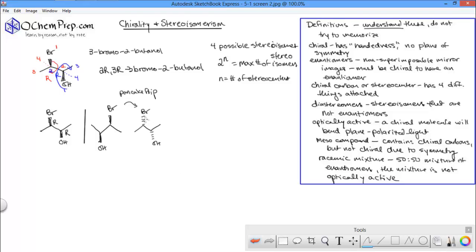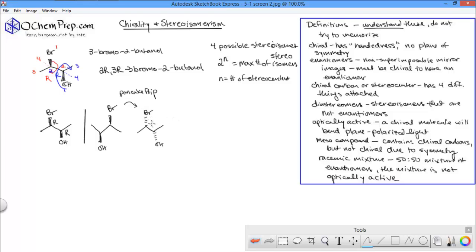Now, why would we want to do this? Well, if you take this molecule right here and move it to look at this one, you'll see that the carbons all line up, but the bromine and the OHs are on opposite sides. I'll move it back.